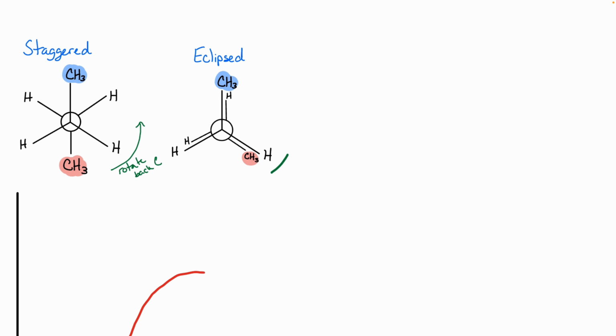All right, so now we're going to keep going. We're again going to rotate that back carbon. All right, I'm eclipsed. If I keep going, now all of a sudden I'm back to a staggered state here. But this isn't the same as my other staggered state, because if I look now, my two methyl groups are much closer together than they were before, right?